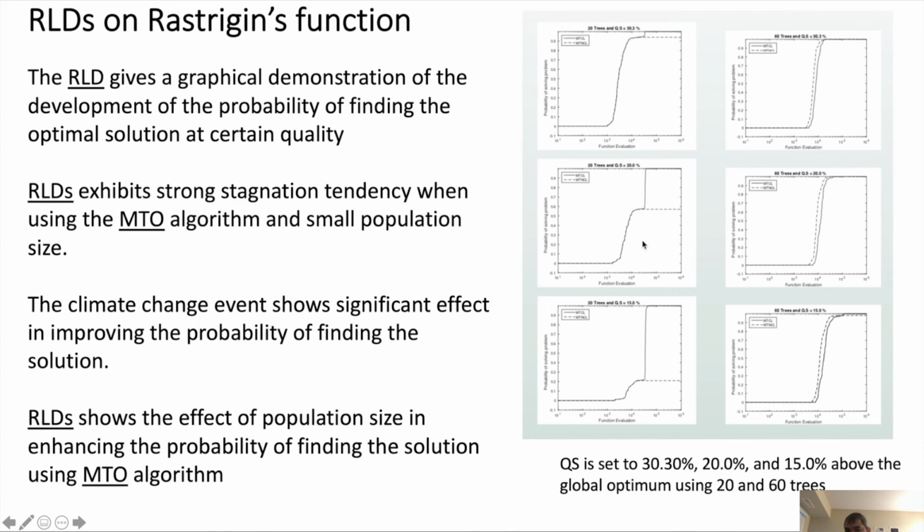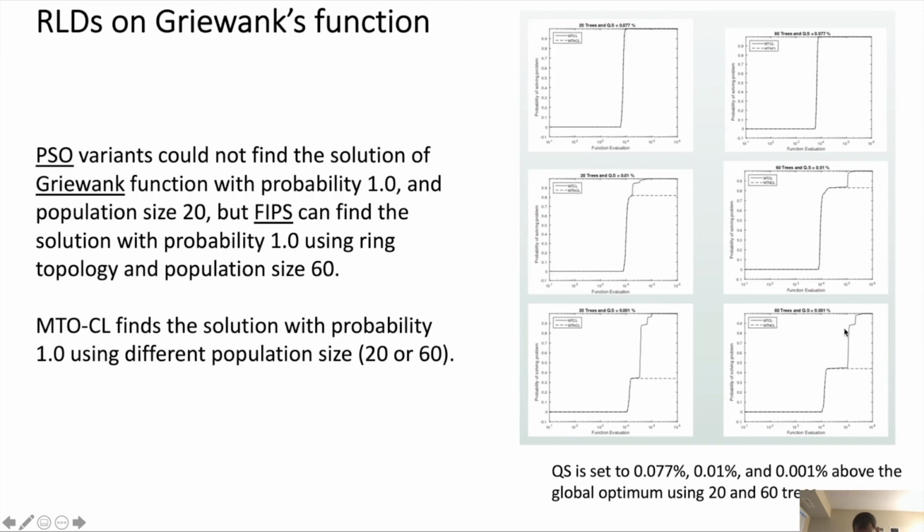So when we increase the solution quality, the MTO has a real stagnation problem. That is when we use 20 agents in the population. But when we increase the population to 60 agents, MTO achieves a good solution with respect to MTOCL.